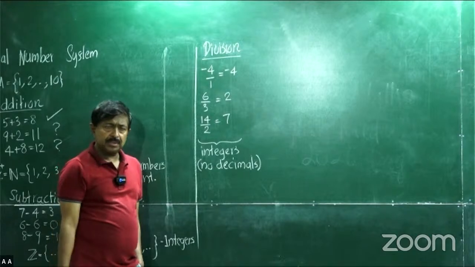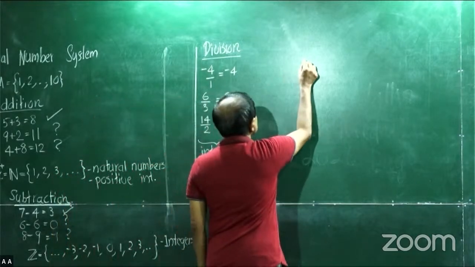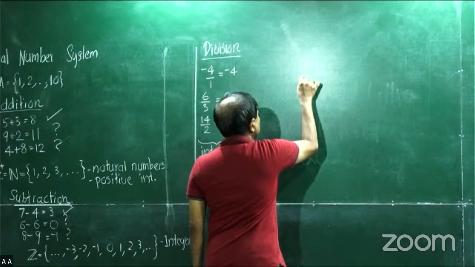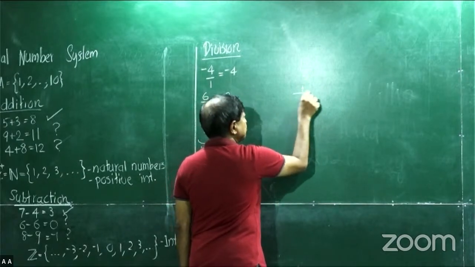Now the second type is when you have these type of numbers.